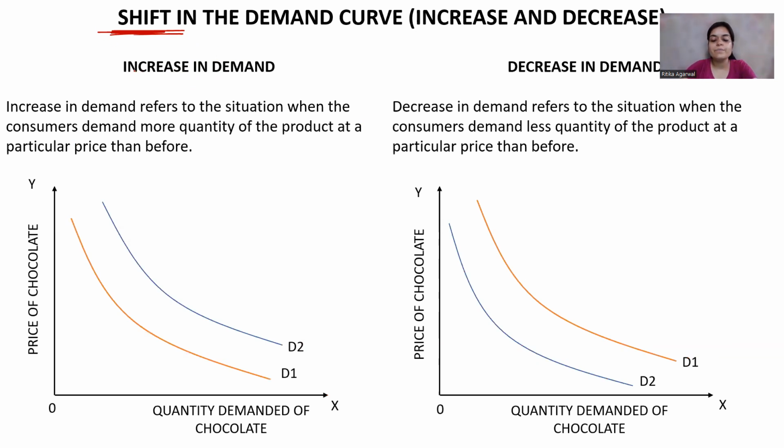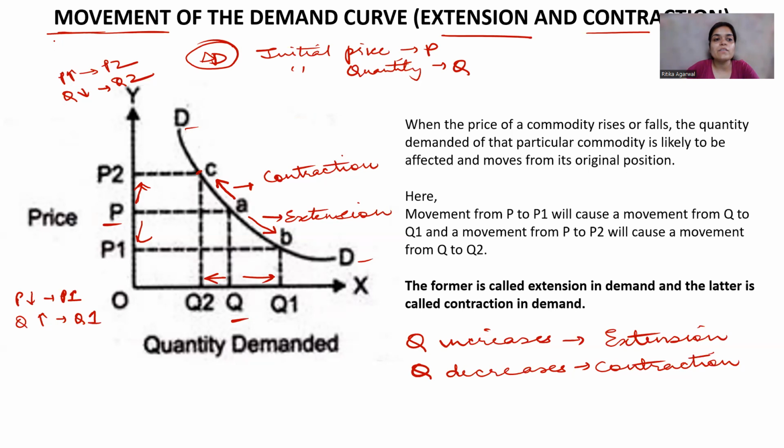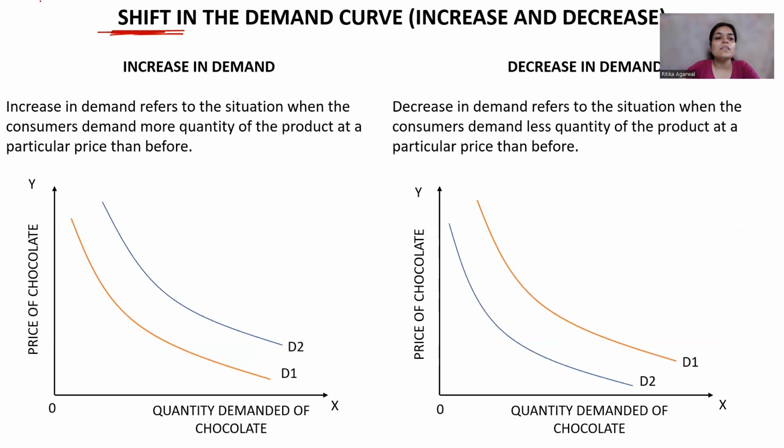Now, consider one thing: movement of the demand curve happens just because of the price change. So if there is any change in the price, the price increase or decrease and the corresponding quantity increase or decrease will lead to either contraction or extension. Now, regarding shift, these are non-price determinants that affect the demand curve, and we will be talking about the ceteris paribus condition here.